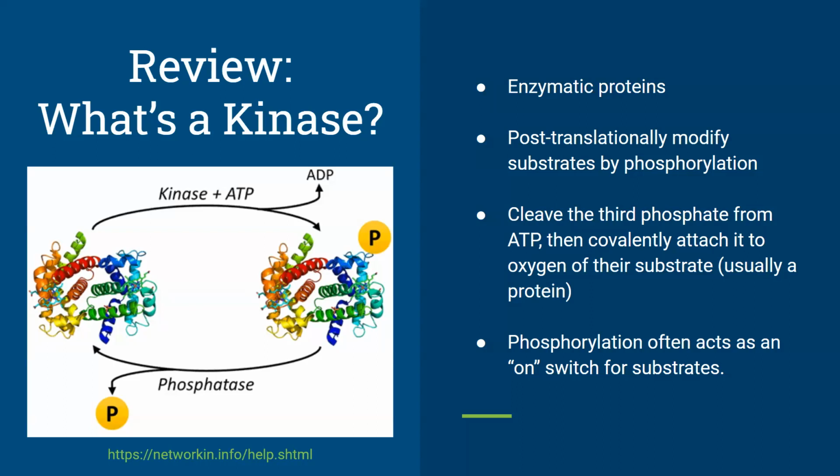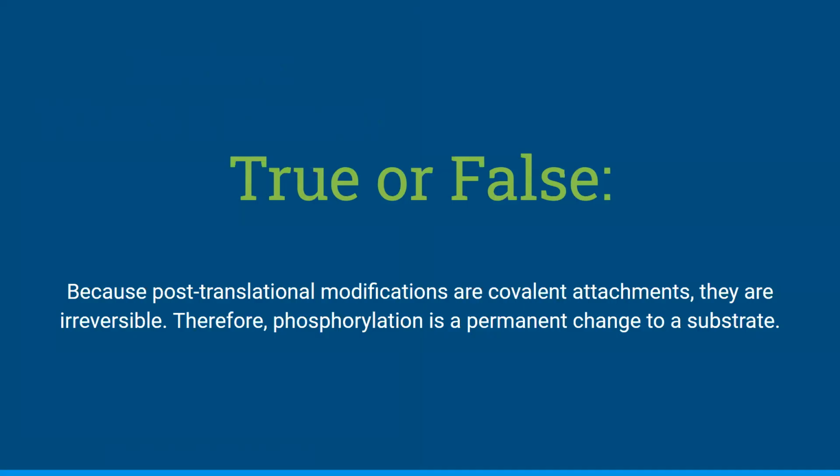And usually the effect that has on the substrate is that it acts as an on switch, but not always. So here's a little true or false question. You can put an answer in the chat or unmute your mic. Is it true that because post-translational modifications are covalent, phosphorylation is irreversible?